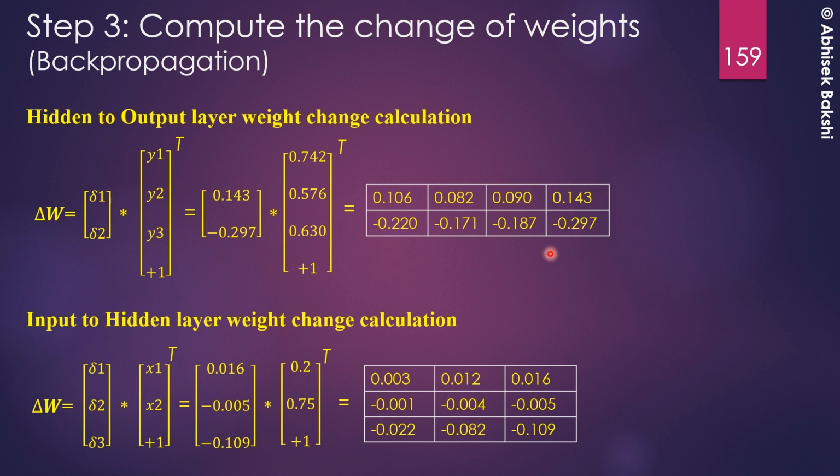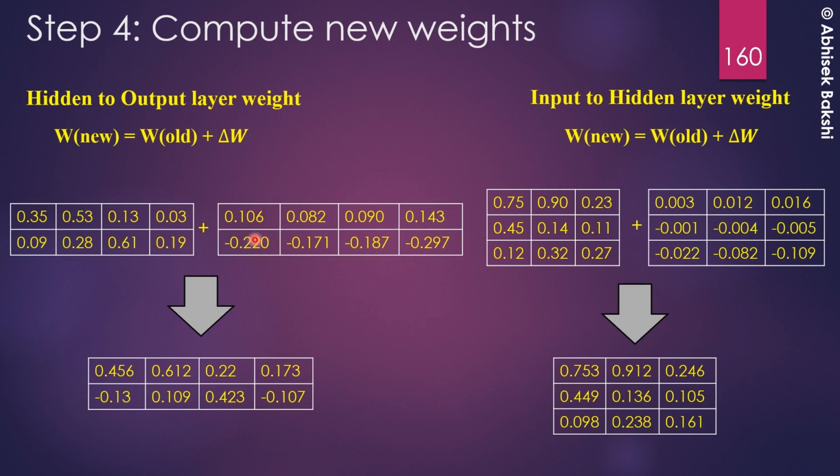Similarly, you can get delta W between the input to hidden layer weights by the same rule, delta into the outputs. Once you get these deltas, you can simply add them. This was your initial weight, this was your delta.